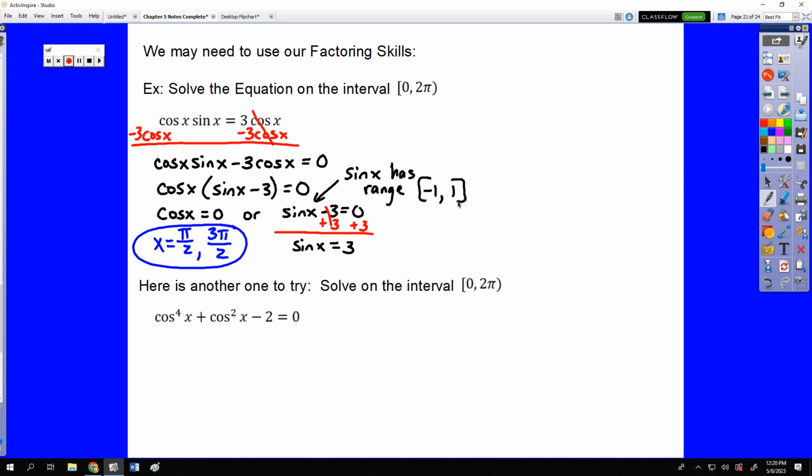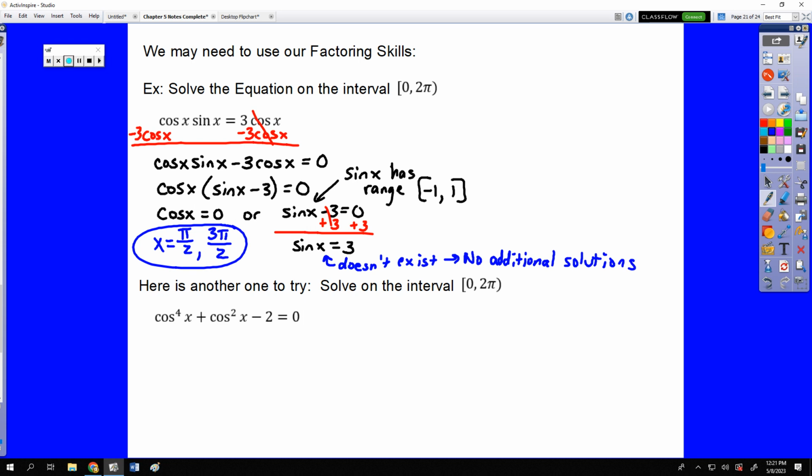It doesn't exist outside of that range, which means this particular x does not exist. Which means that particular one adds no additional solutions. On to the next example. Our solutions to that one would just be pi over 2 and 3 pi over 2.